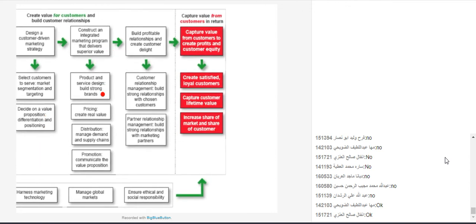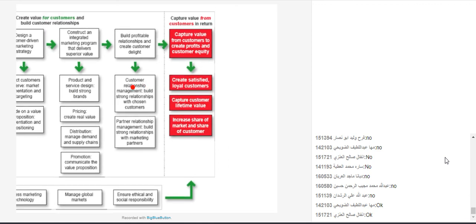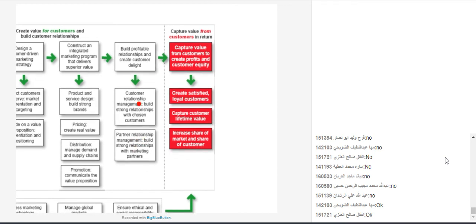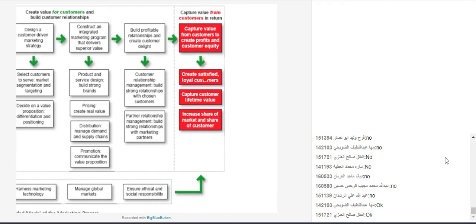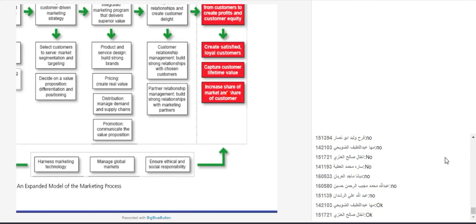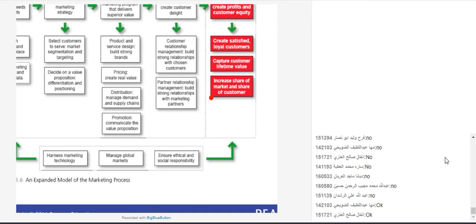The integrated marketing program: the product and service design, the pricing, the distribution, the promotion. These are the marketing mix and the 4 Ps. And then building a profitable relationship with customers, CRM, and partner relationship. And finally, capturing value from customers, which is creating satisfied, loyal customers, capturing customer lifetime value, and increasing the share of market and share of customer.